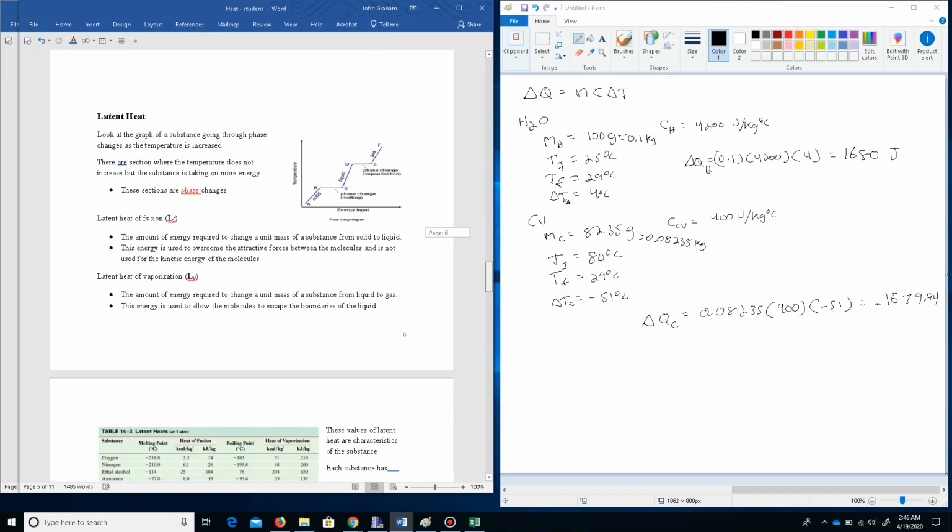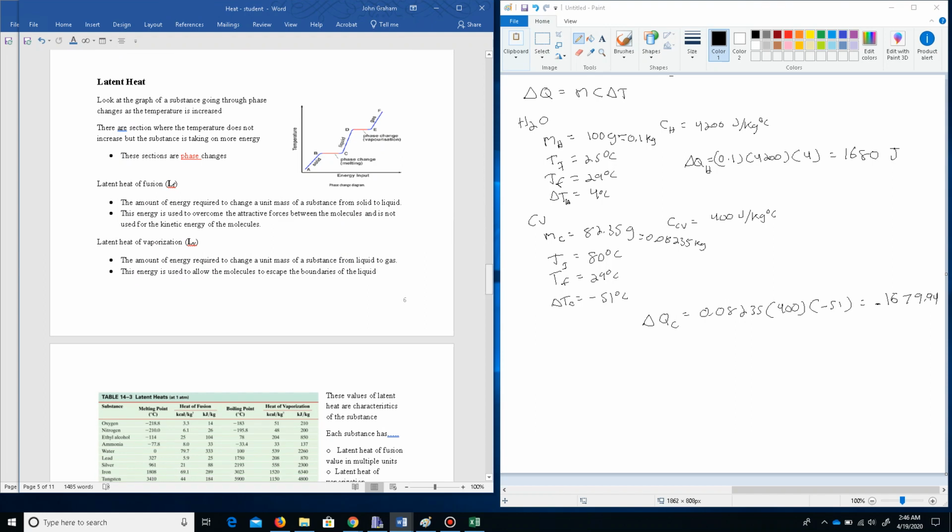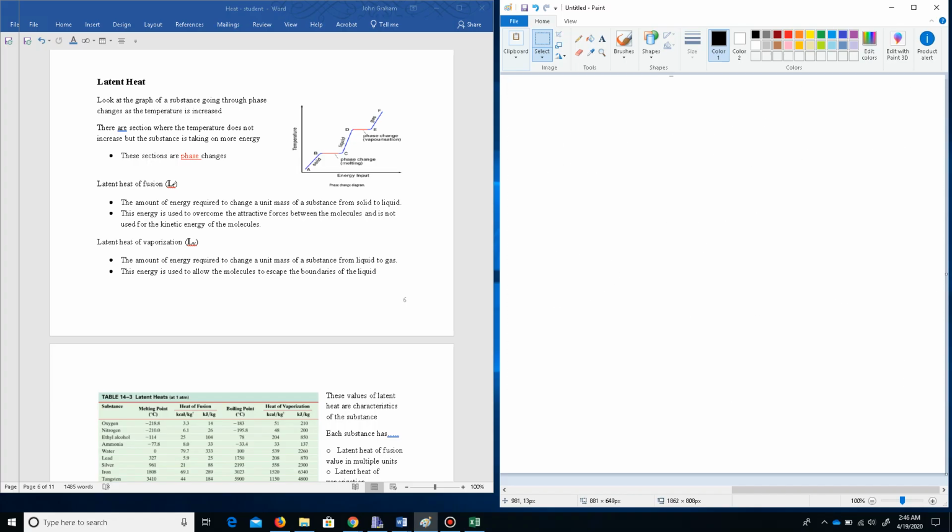So next thing is dealing with latent heat. And so every element, including water, has the same graph, but the temperatures may be different. Okay, and that's this graph right here. I'm going to draw it over here, draw it bigger too.